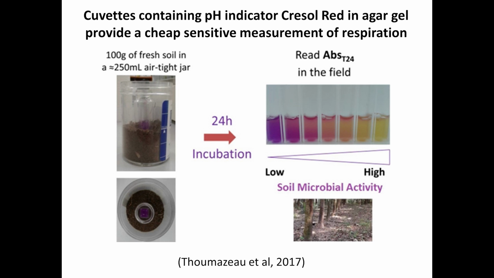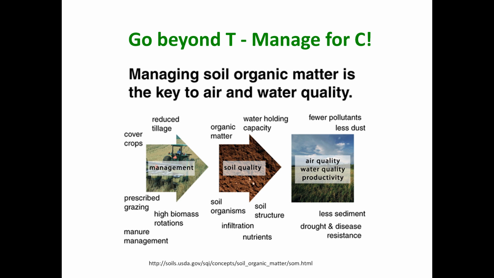Okay, so let me just emphasize this message here. This is something that the NRCS has been saying now for maybe a decade. They used to emphasize the concept of T. T is tolerable soil loss. Another way to say it is T is tolerable soil degradation. And that should not be our goal, right?